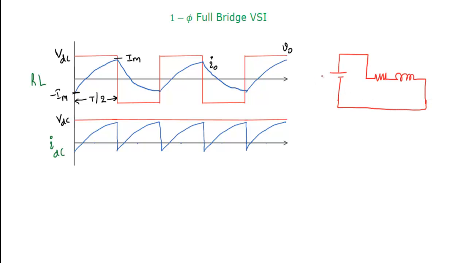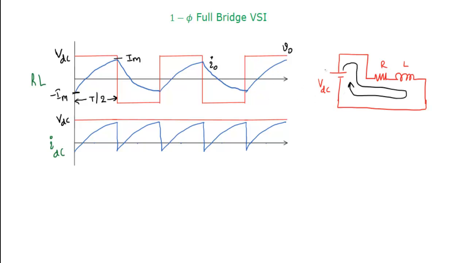So this will be VDC, and this is R, this is L. When you turn on thyristor T1, T2 or diode D1, D2, then current in the circuit will be like this. Either current will be positive or negative based on which device is in conduction.